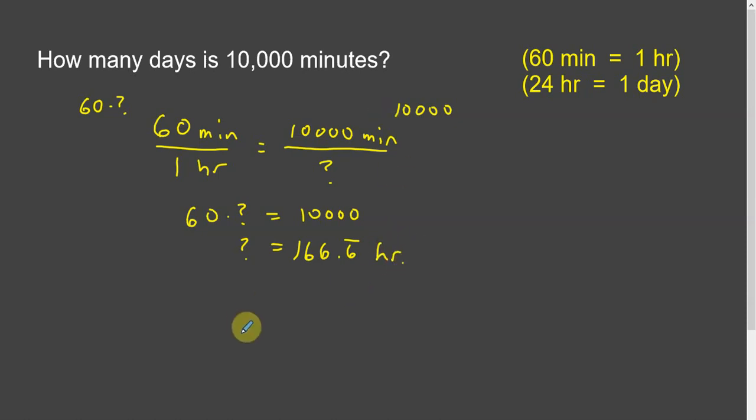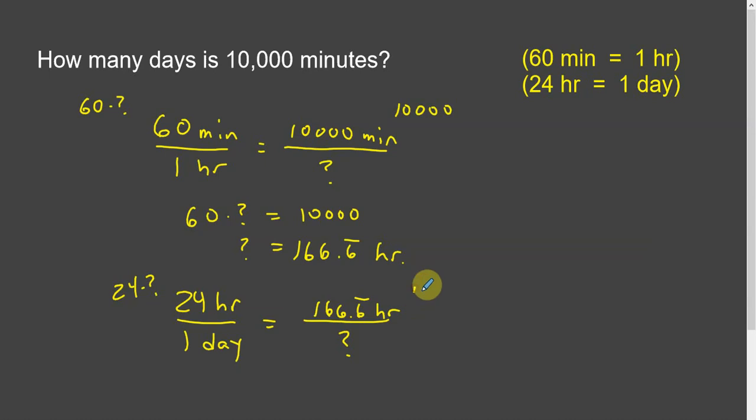Okay. Then we want to convert it to days. So 24 hours is 1 day. We have 166.6 repeating hours, and we want to know how many days that is. So we've got 24 times do not know, and 1 times 166.6 repeating.